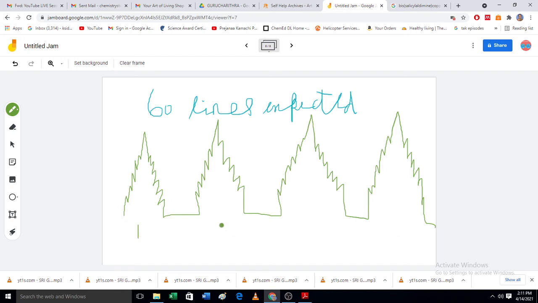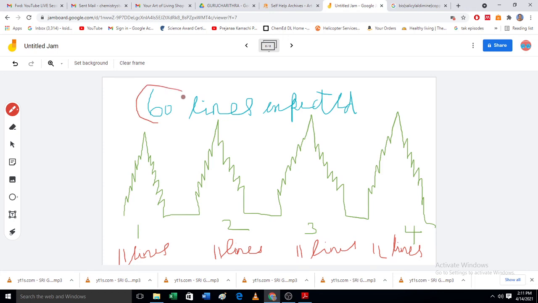Peak 1, 2, 3, 4. Each of these peaks has 11 lines each. So peak 1 has 11 lines, peak 2 has 11 lines, peak 3 has 11 lines, and peak 4 has 11 lines. So how many lines in total do you have? 44 lines. Expected is 60, but you are getting only 44 lines in the real spectrum.